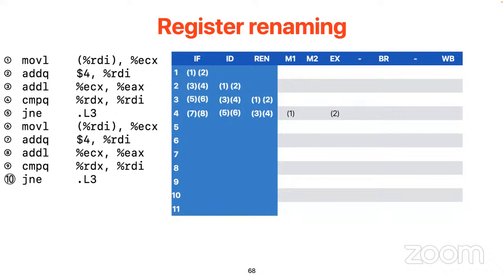For example, I have a superscalar processor with a fetch unit, decode unit, and renaming unit, and it takes 2 stages to finish a memory operation, and 1 stage for execution. But remember, because we want to avoid the structural hazard at the write back stage, we force execution and branch instructions to stay for the same number of stages as memory instructions. So that's why I put these 2 dash stages here.